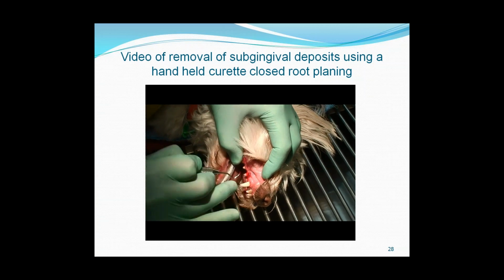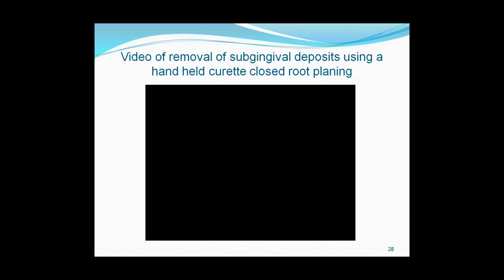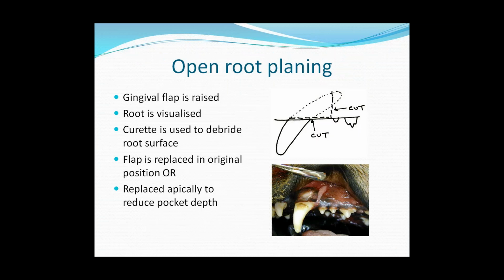And what you can actually see in these pictures is obviously you get some hemorrhage because you're actually debriding the necrotic tissue off the mucosa and off the internal surface of the pocket as well. So that's an example of closed root planing, which most of us do on a regular basis when we have periodontal pockets.